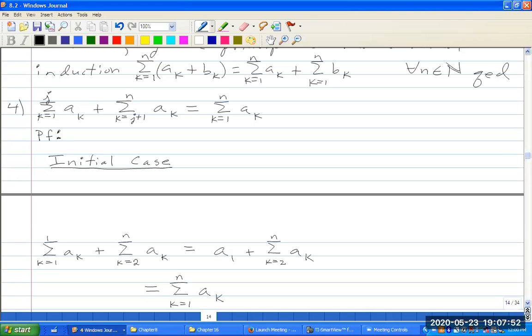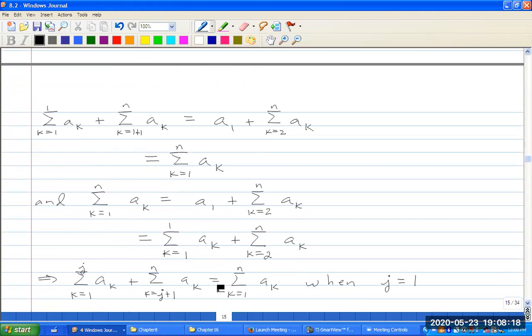But that's just a1 plus the sum k equaling, actually I probably should have said j plus 1 here, 1 plus 1, which is 2 to n of a sub k. But this is the first term of the series, and so it's the sum k equaling 1 to n of a sub k.